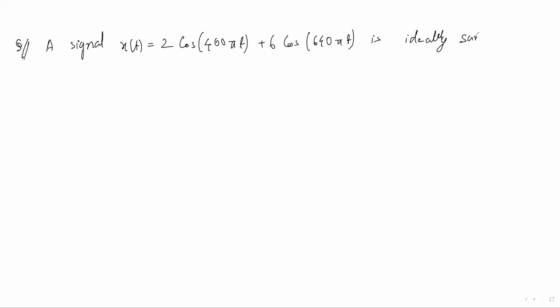A signal x of t equal to 2 cos 100 pi t plus 6 cos 640 pi t is ideally sampled at fs equal to 500 hertz.